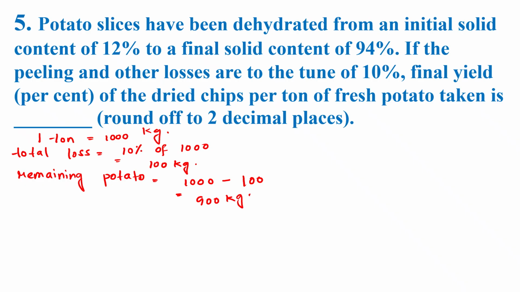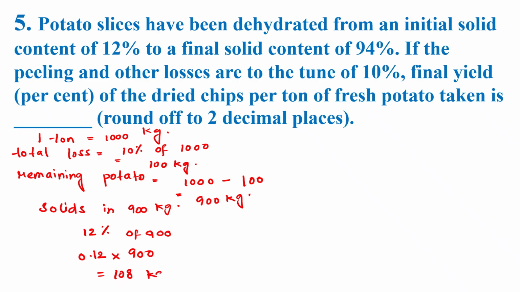So the solids in 900 kg is 12% of my 900, that is 0.12 into 900, which is equal to 108 kg.